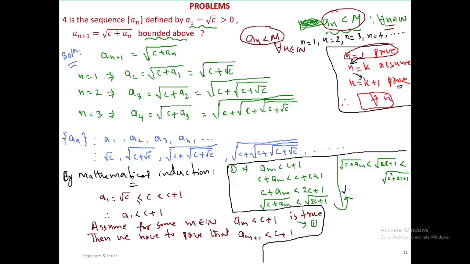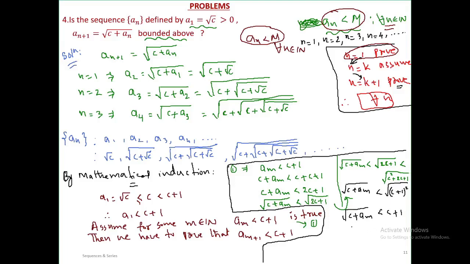Square root of C plus a_m is less than square root of this. I can get C plus 1 whole square, right? I think now you understood why I have added C squared extra. Now root and square cancel out. Then what will we get? Square root of C plus a_m is less than C plus 1.